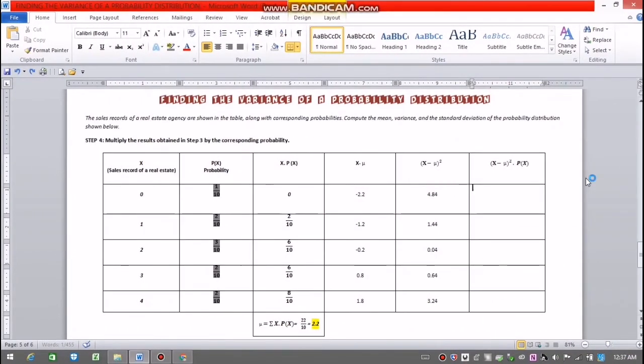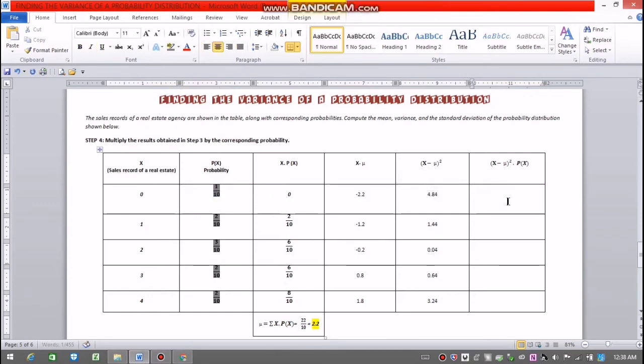For step 4, multiply the results obtained in step 3 by the corresponding probability. Let's move on to the first column. 4.84 multiplied by 1 over 10 is equivalent to 0.484.